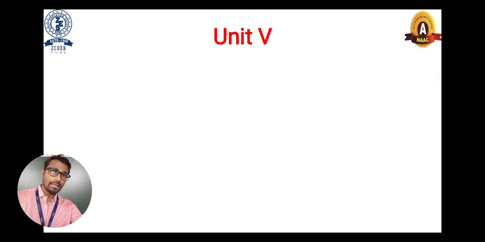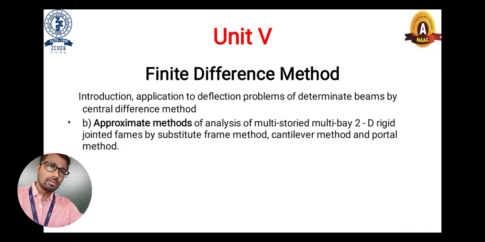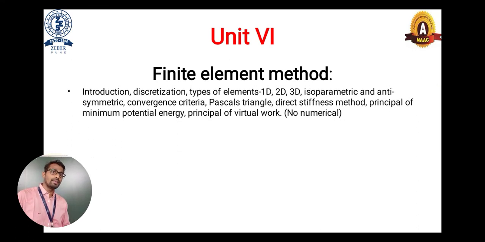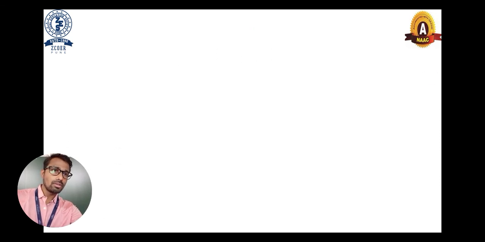Then in unit number 5, you will understand the finite difference method. And after that, in unit number 6, the finite element method for 2D and 3D structures. This is used in software like STAAD Pro and ETABS, so you should understand what exactly it is and how it works. So these are the advanced methods.